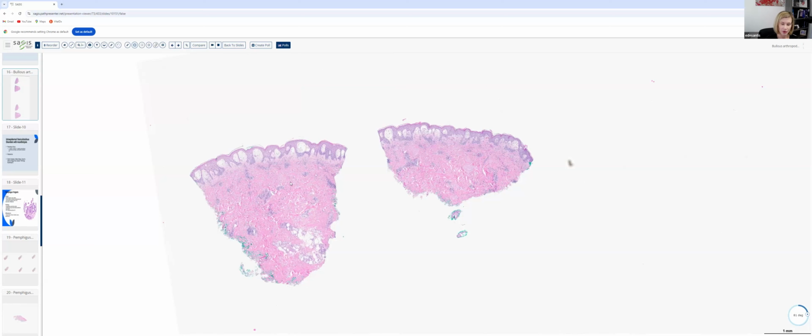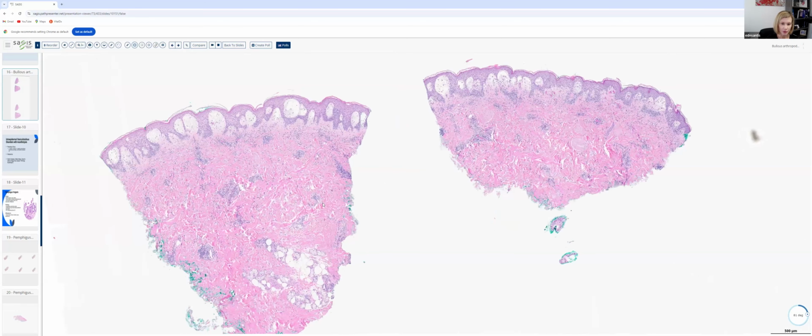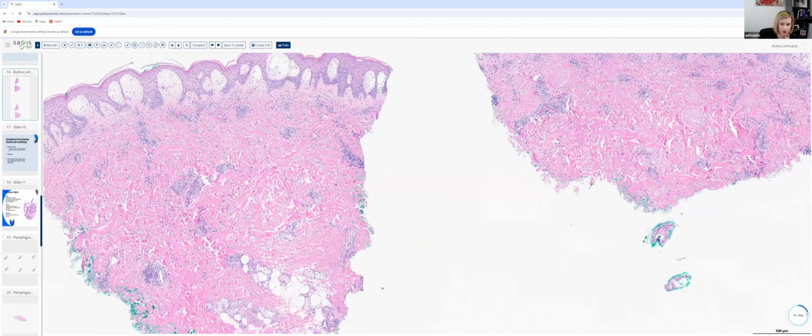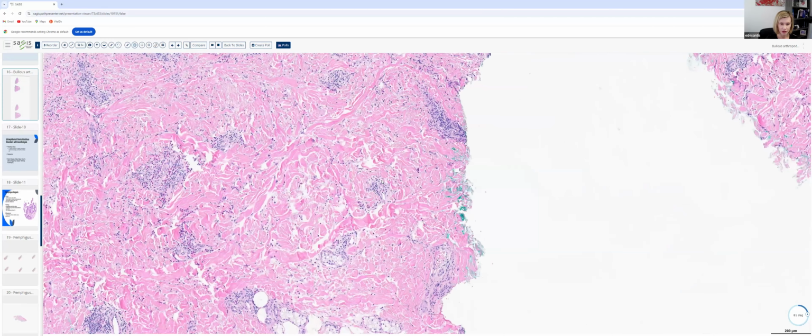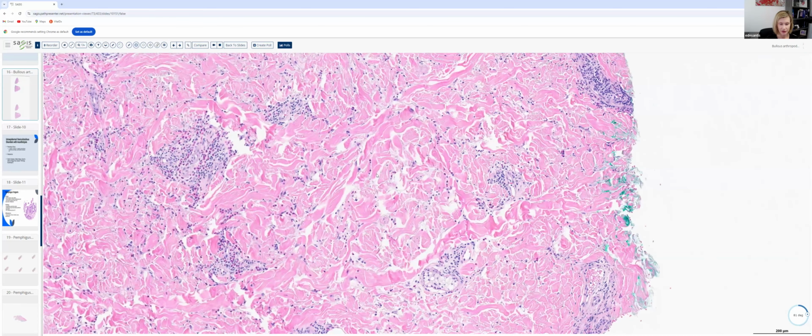So when we see subepidermal edema, that can clinically present as a vesicular eruption. When we zoom in on higher power, we see a superficial and deep inflammatory infiltrate, predominantly in a perivascular pattern, but also with quite a few interstitial cells. And this infiltrate, as you can see, contains abundant eosinophils.